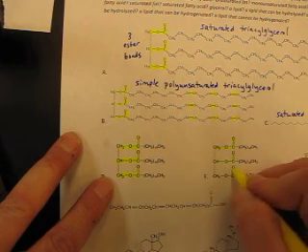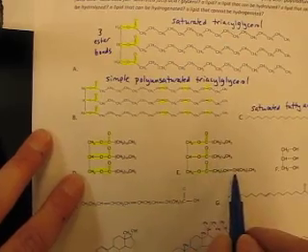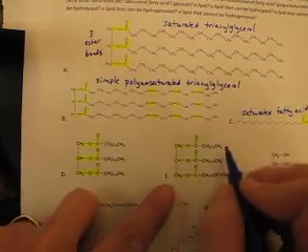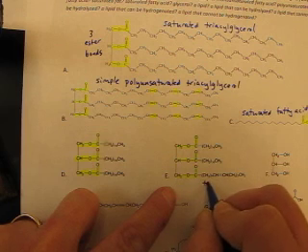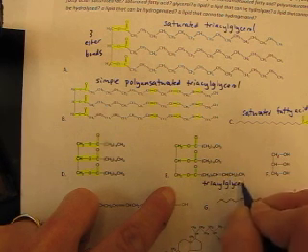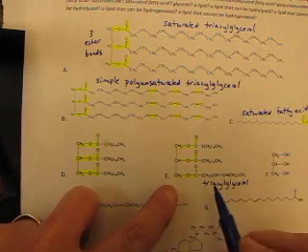There's our ester bond, our 3 carbon backbone. This one is a useful one to look at. It is a triacylglycerol for sure. It's not a fatty acid, it's a triacylglycerol. It's mixed because these 3 hydrocarbon chains are not all 3 the same.